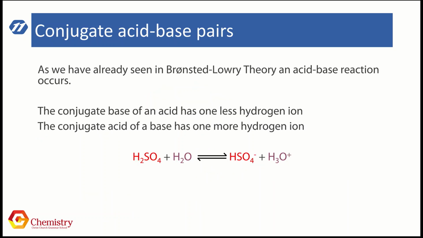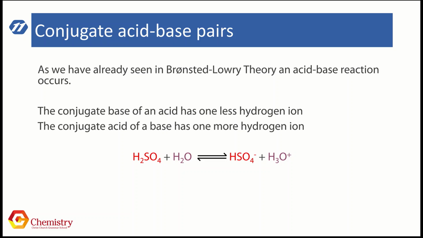So, I've talked a little bit about conjugate acid-base pairs already, but just to drive the message home, you can see that in the reaction, the sulfuric acid in red on the reactant side of the equation has one more proton than the hydrogen sulfate ion, which is on the right hand side of the equation.